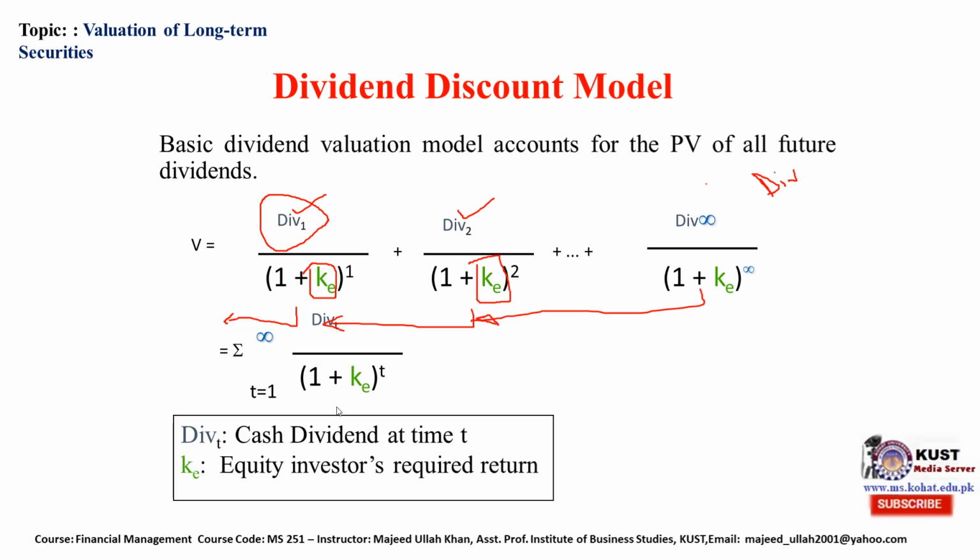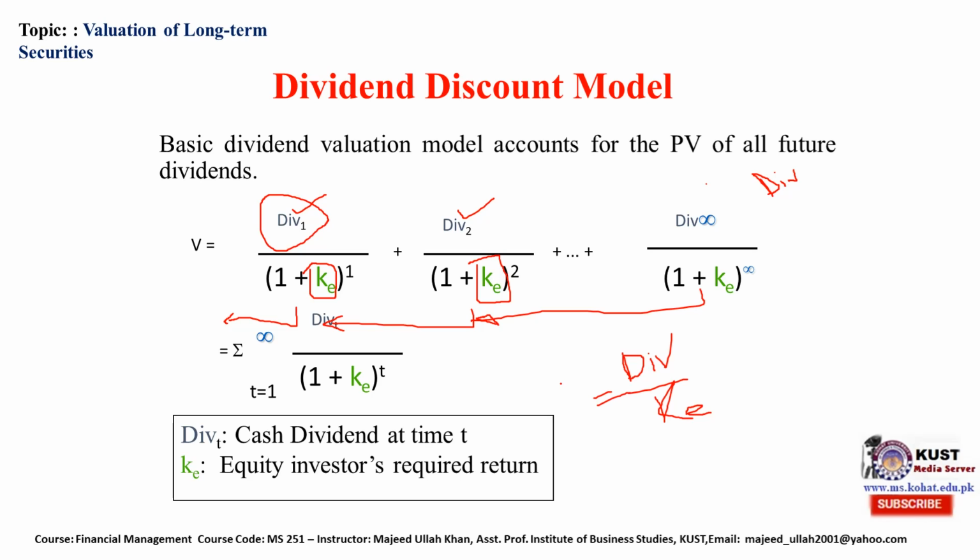We get a reduced formula, which is equal to dividend divided by KE, the perpetuity formula we discussed in an earlier lecture as well.